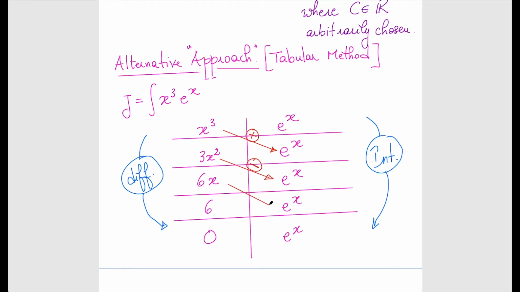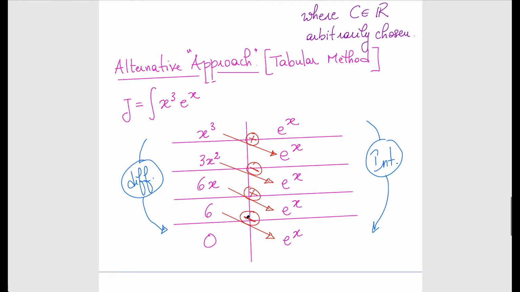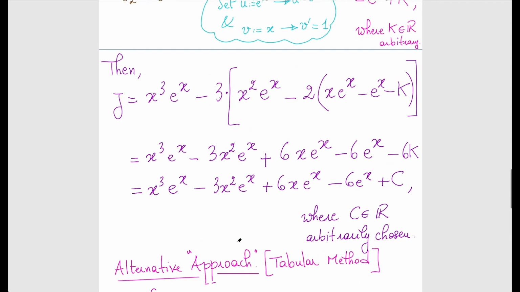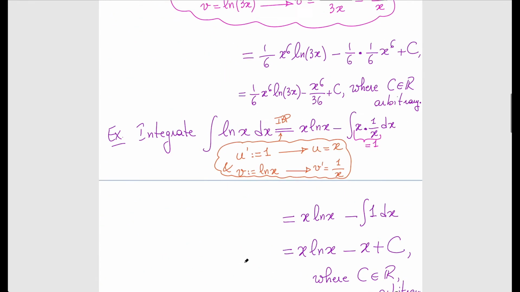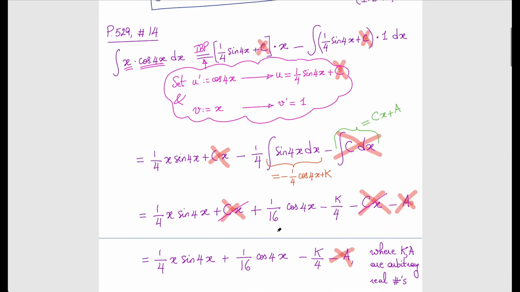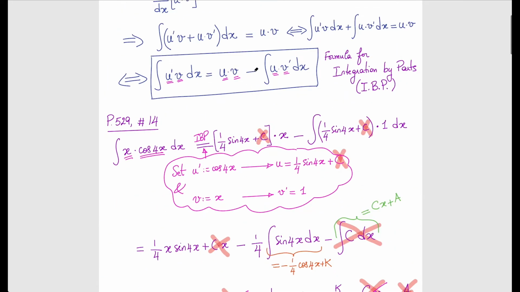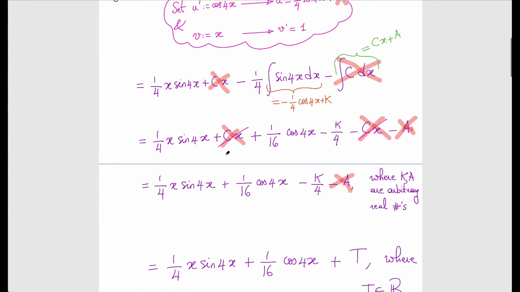The product of these two is gonna carry the sign plus. The sign is gonna alternate, and then the last one is gonna carry the sign minus, right? Plus minus plus minus. You start with a plus all the time, and then you carry that sign. And these signs are coming from the formula, the IBP formula. I'm talking about this sign here. Okay, so that's the sign that's gonna show up.